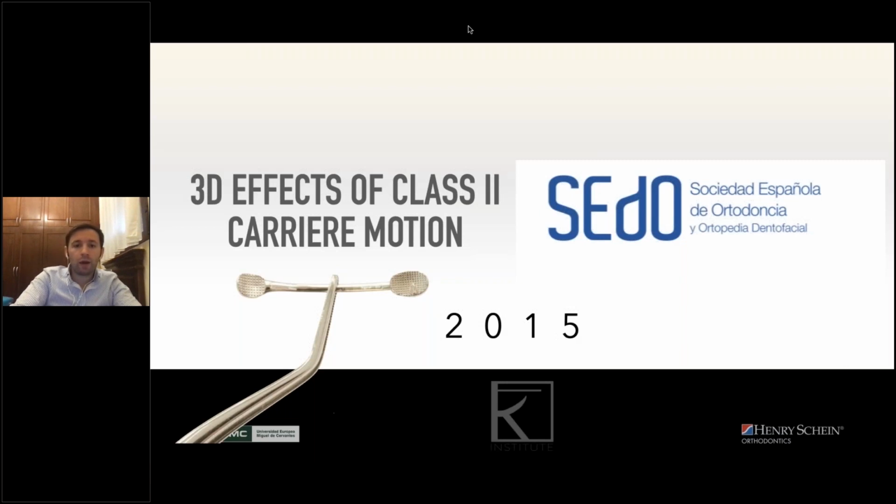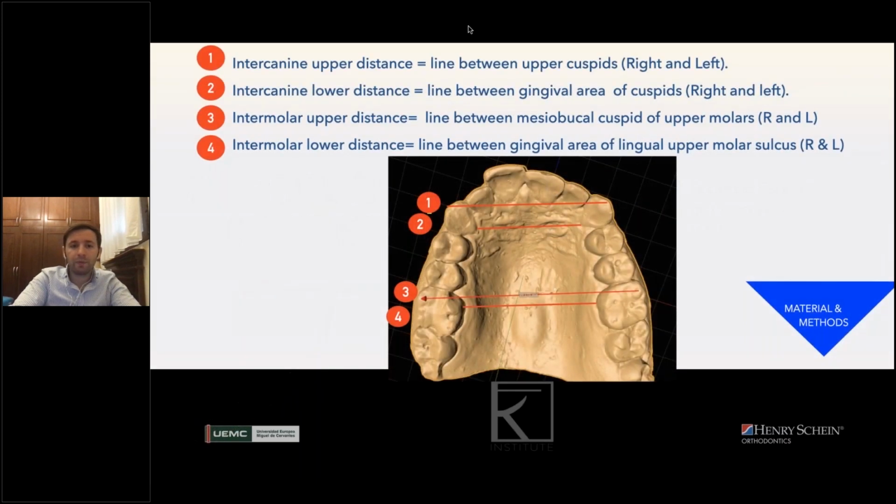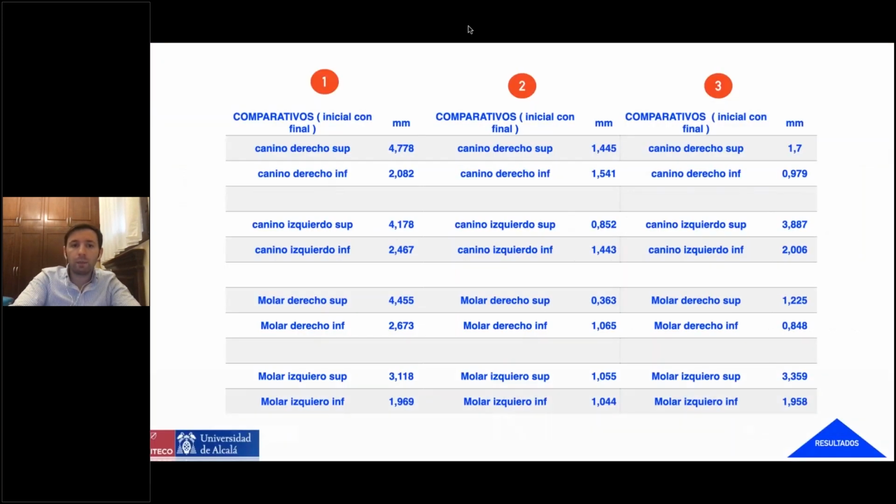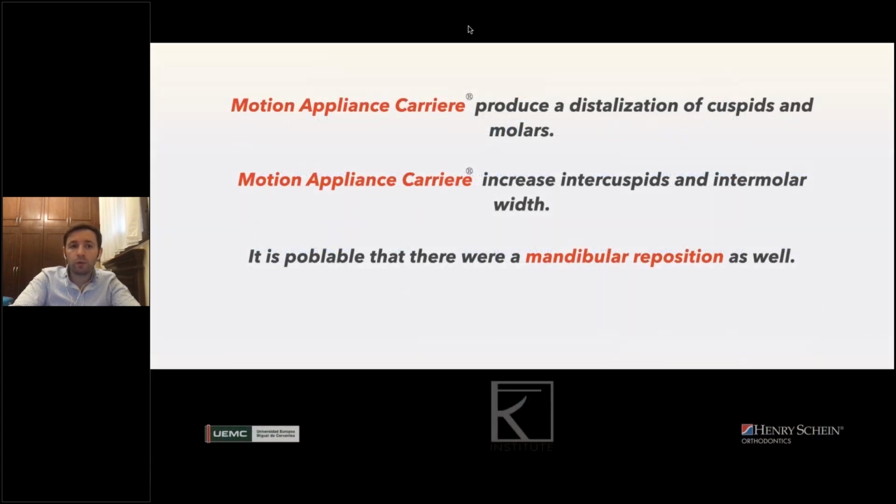So 5 years ago, I did a research study and published it in the Spanish Society in order to see the 3D effects of class 2 Carrier Motion. And look at my conclusion. I presented cases in 3 dimensions and made a superposition using 3 points in the palatal. We concluded that the Carrier Motion appliance produces a distalization of cuspids and molars.